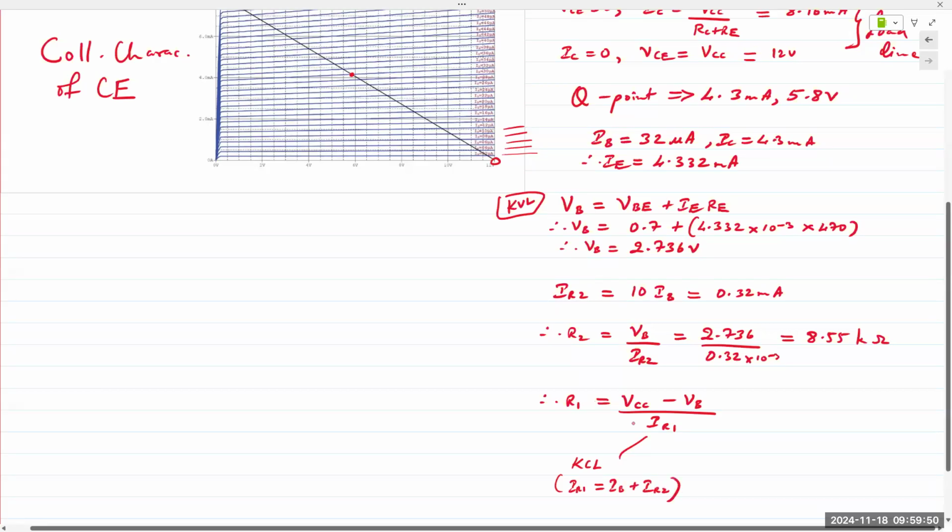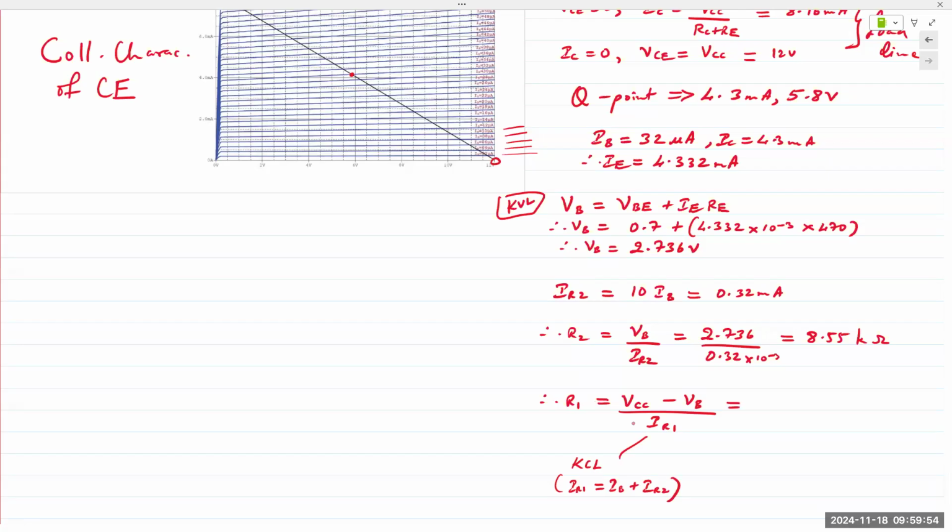And so you obtain 12 minus 2.736 divided by 0.352 times 10 raised to minus 3. And that gives me a value of R1 as 26.318 kilo ohms. And that is the end of your design.